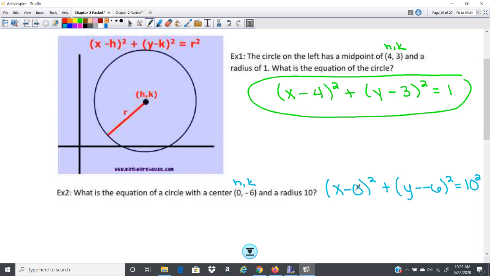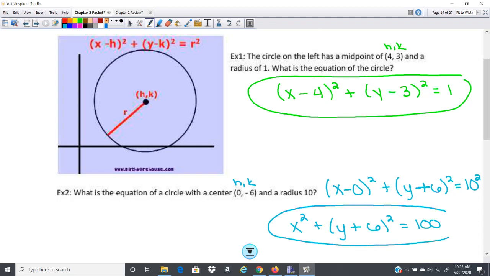You don't need to do x minus 0 squared. That's just going to be x squared. The 0 you don't need to write. This is going to turn into y plus 6 because of the double negative. And then 10 squared is going to be 100. So the equation of this circle will look like this: x squared plus (y plus 6) squared equals 100.